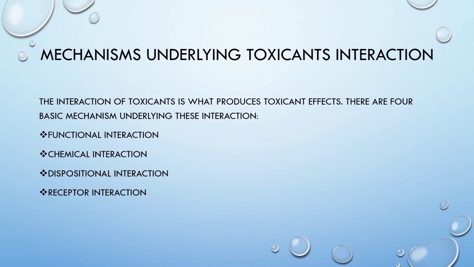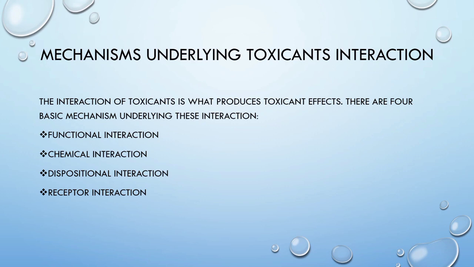Now receptor interaction. This is when two chemicals have affinity for the same receptor. Take for example morphine and naloxone. They have affinity for the same receptor in the body.